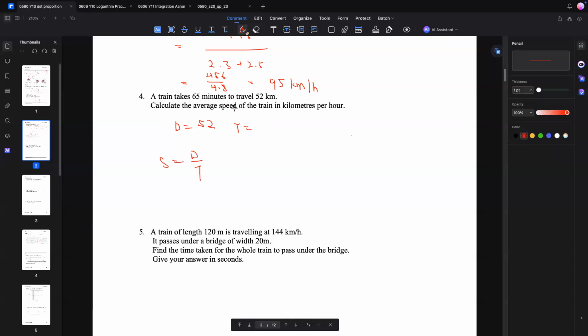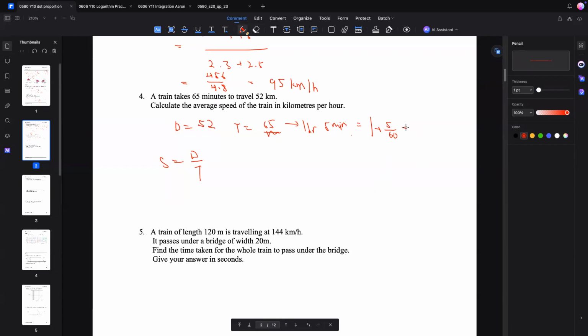So let's calculate our time. 65 minutes. How do we convert it into hour? Yes, we can do 1 hour and 5 minutes. And then we convert this into a fraction, which is going to be 1 plus 5 over 60, right? Because 5 minutes, you convert it to an hour is divided by 60.